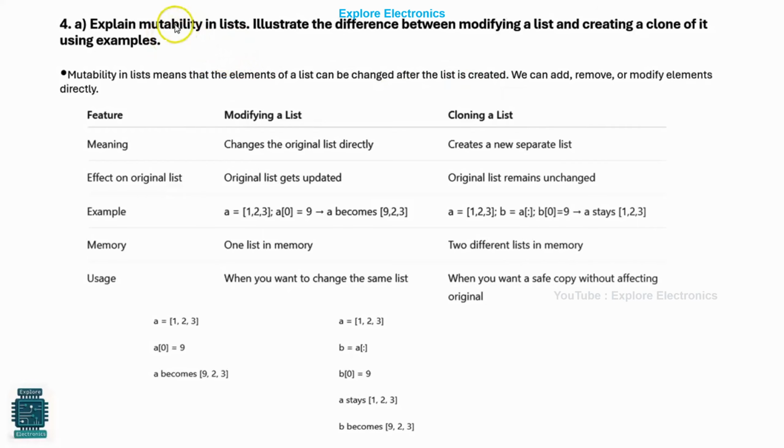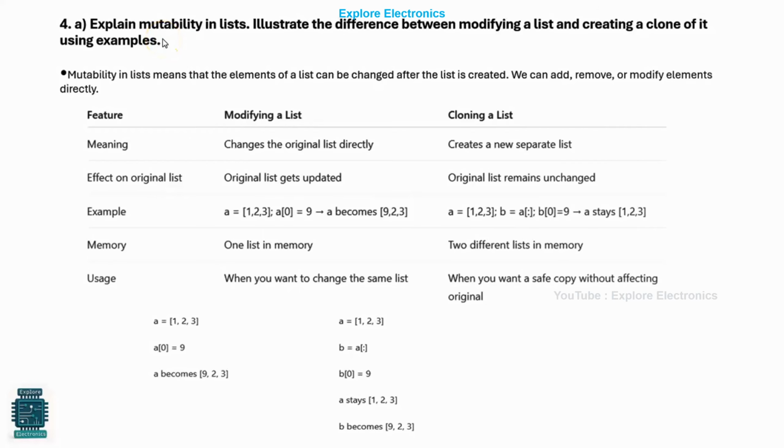That is mutability in a list. Changing means we can add an element, remove an element, or modify elements directly in the list. What I cannot change is immutability.